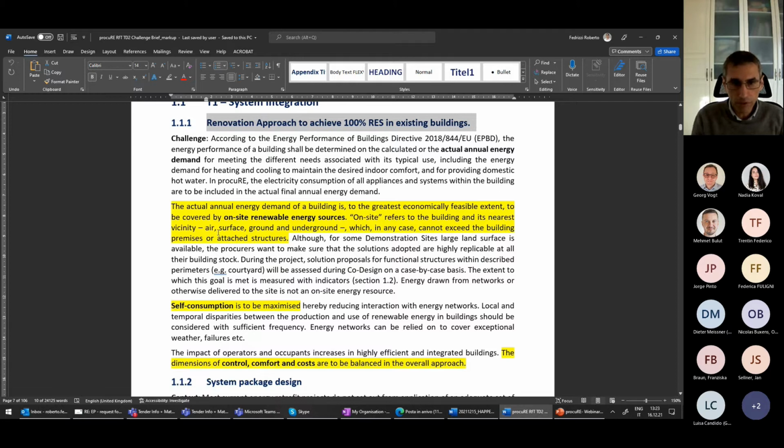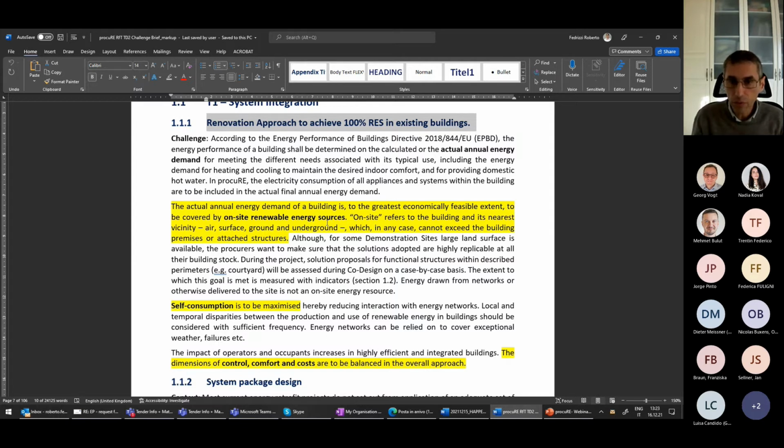The approach needs to provide a solution or solutions to the coverage of the energy demand of the buildings, heating, cooling, ventilation, and then all electric appliances and lighting, by on-site renewable energy sources production. And here on-site means the building envelope, under the building, over the building, and the near vicinity of the building.